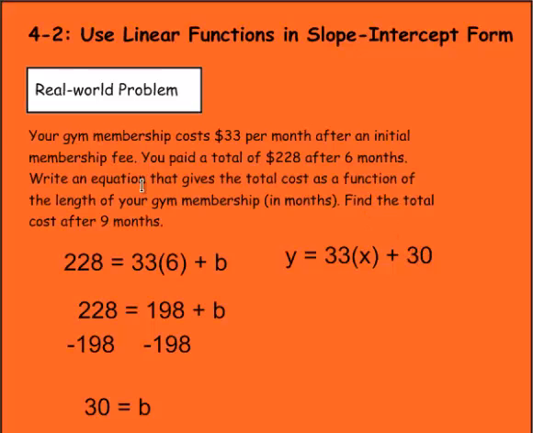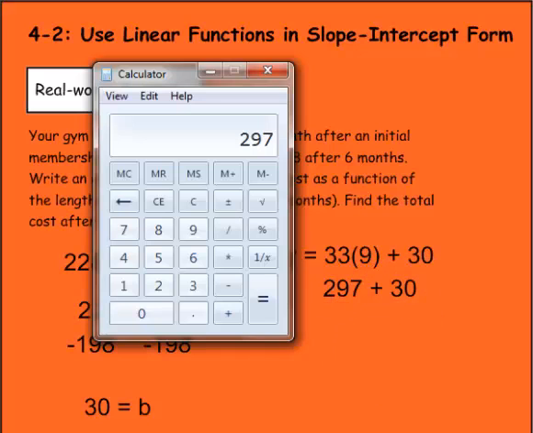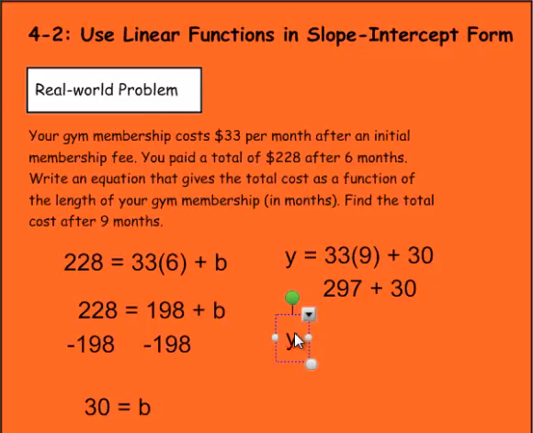And now we need to find the total cost after 9 months then. So we would plug in 9 for x. So 33 times 9 would be 297. Plus 30 then would be 327. So y, or the cost, will be $327 after 9 months.